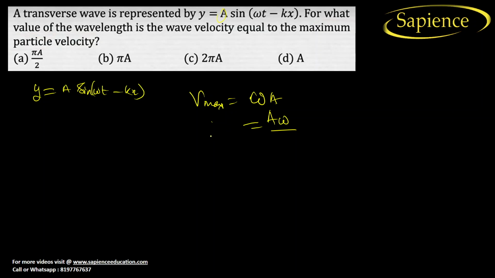Now we see here a transverse wave is represented like this. For what value of the wavelength is the wave velocity equal to the maximum particle velocity? We know that wave velocity v is equal to omega by k.